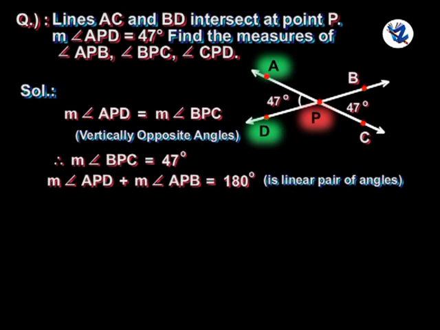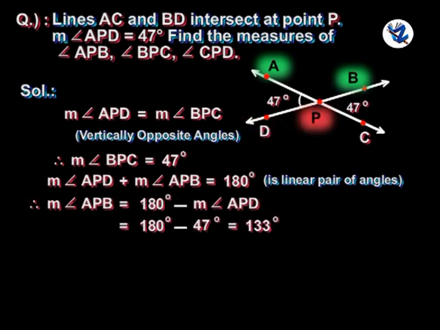Now, angle APD and angle APB is a linear pair of angles and therefore the sum of their measures is 180 degrees. But measure angle APD is equal to 47 degrees. Therefore, measure angle APB is equal to 180 minus 47 is equal to 133 degrees.